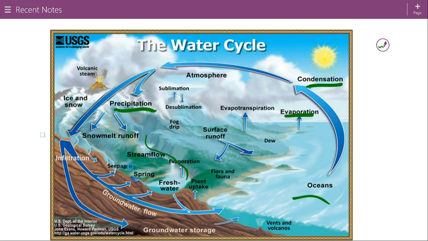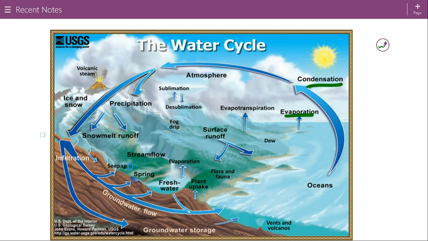As it becomes water vapor, it becomes less dense than the air around it, has more energy than the air around it, and so it rises, just like when we talked about those convection currents in other videos. So then it rises, as we talked about in the cloud video.